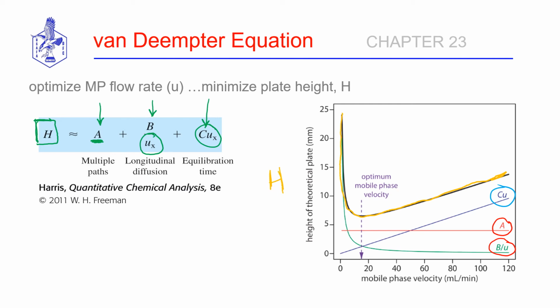We are looking for where the band broadening is smallest. Smallest plate height is there. So this is our optimal mobile phase flow rate. This is an important parameter that one has to choose when carrying out a separation.